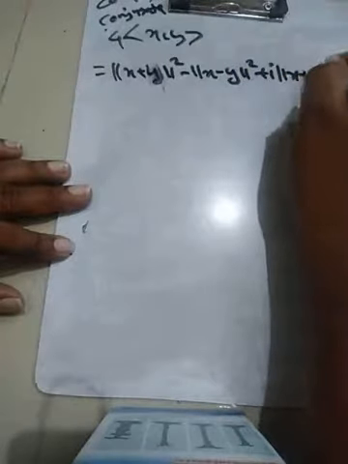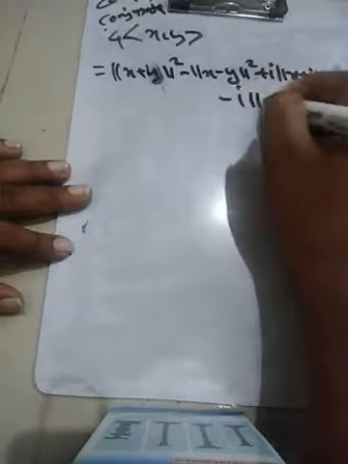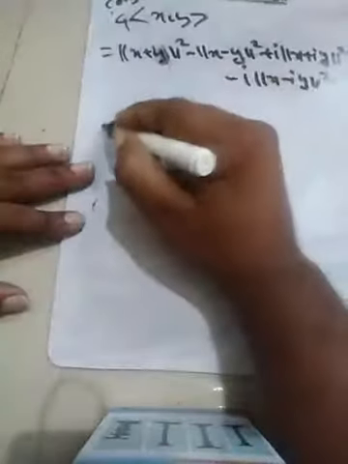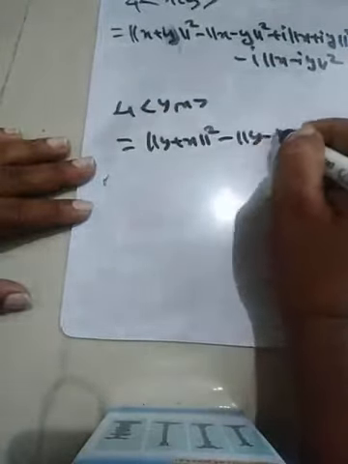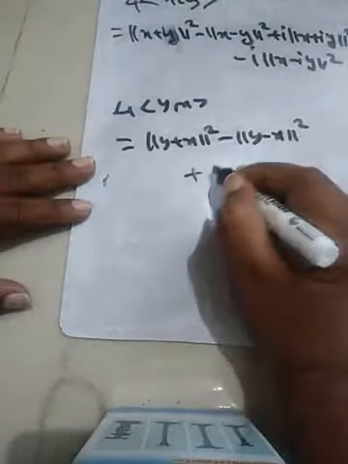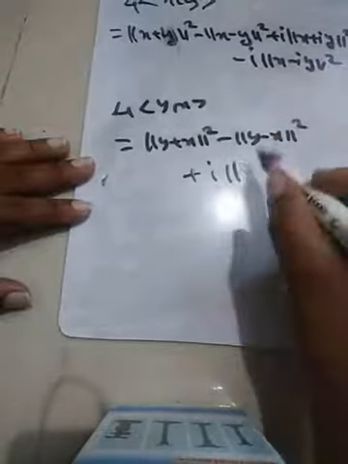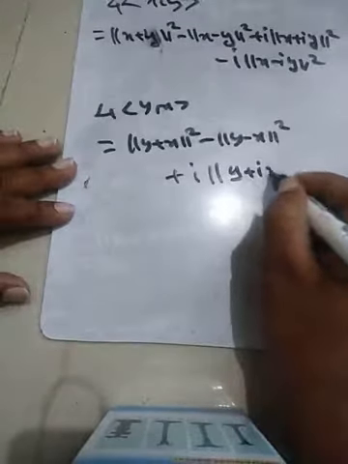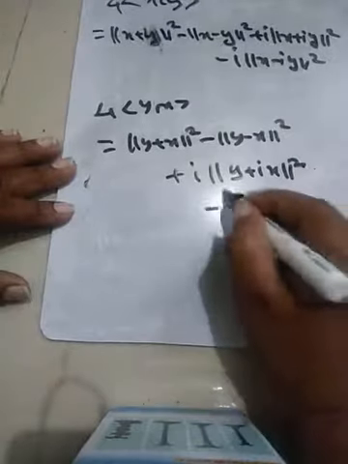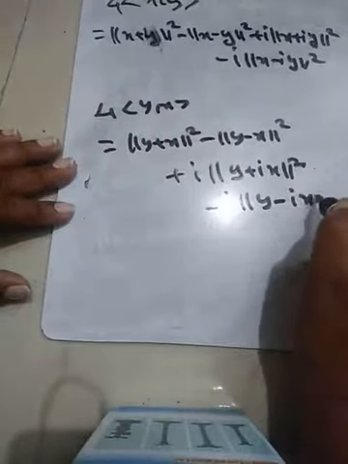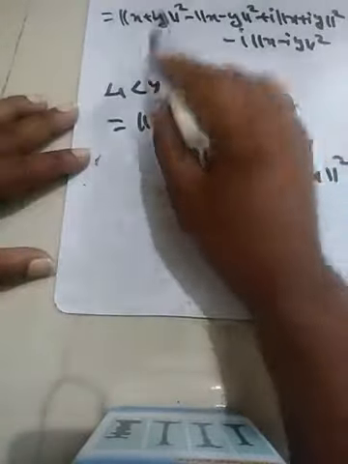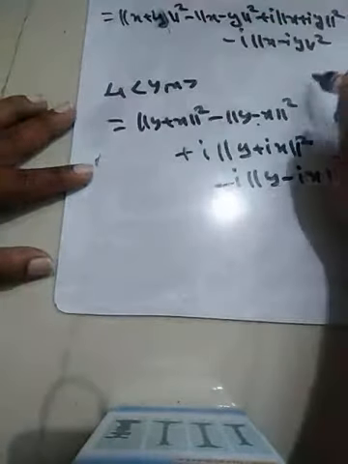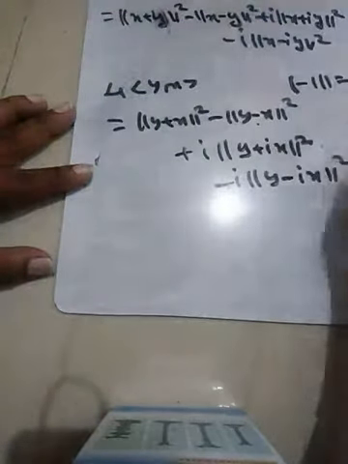Alright now. And y with x is what? i times, this part is as it is, this part is as it is, this thing, minus, norm of i is equal to 1.